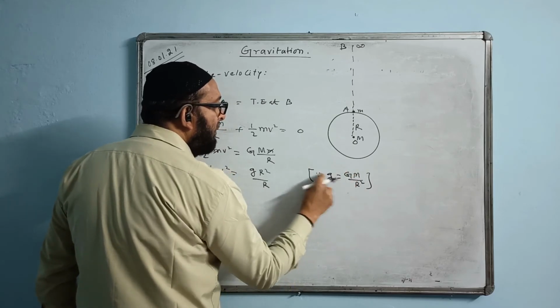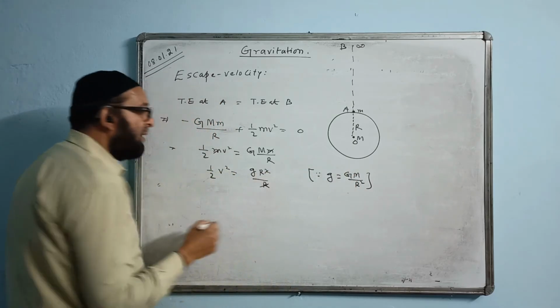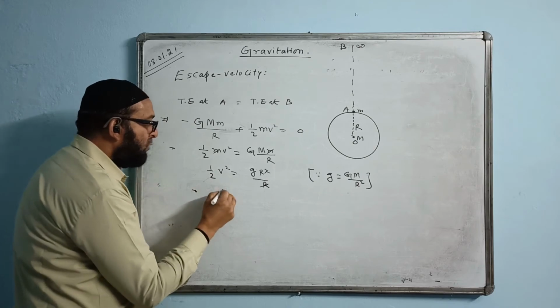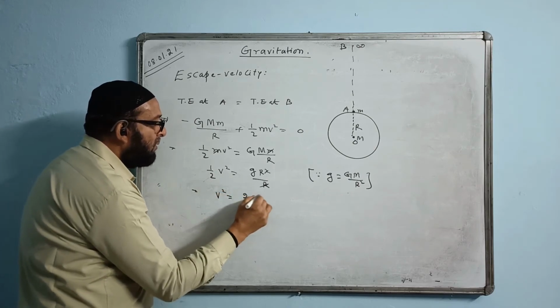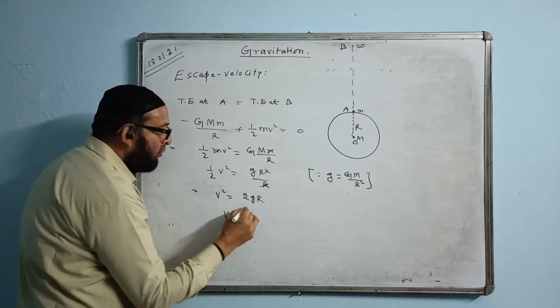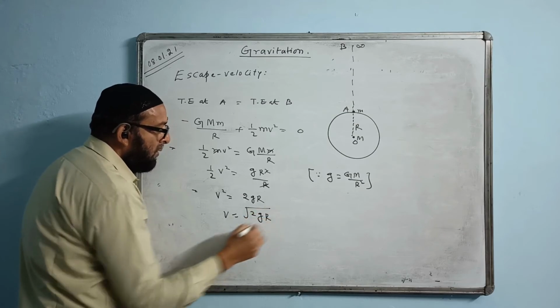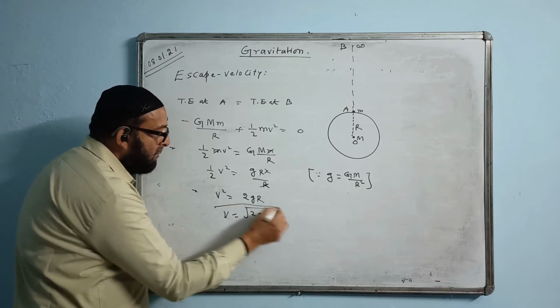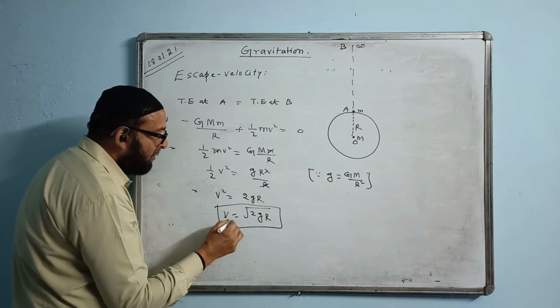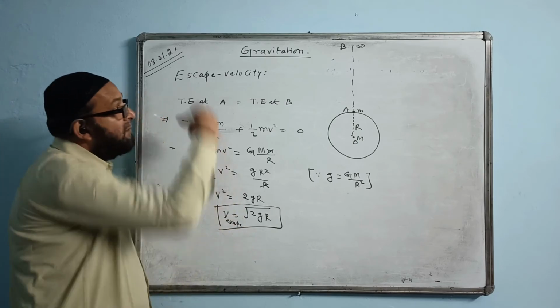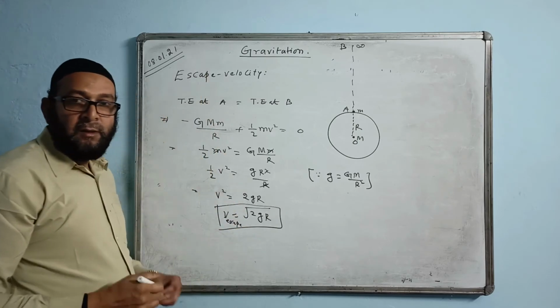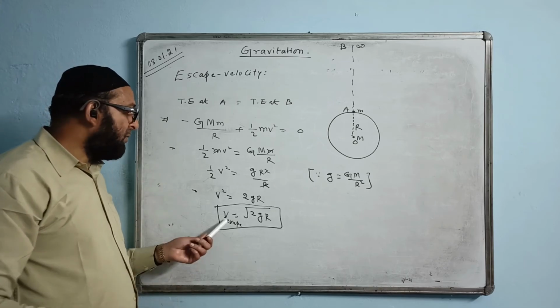Therefore, GM becomes gR square by cross multiplying. This R will cancel. Therefore, v square will be 2gR, or v will become root 2gR. This velocity is the escape velocity, where the body is not returning back to the surface of the earth. This is the formula of escape velocity.